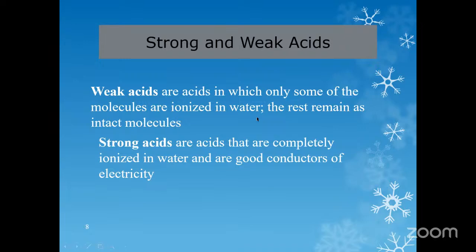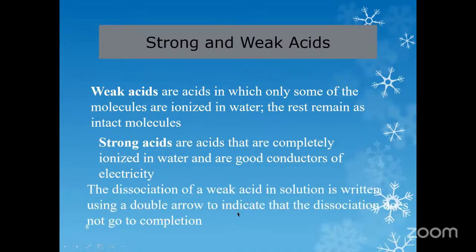So again, when it comes to their ability to conduct electricity, what you're going to find is that strong acids will conduct electricity very well when dissolved in water, while weak acids will not be as good a conductor of electricity in water.